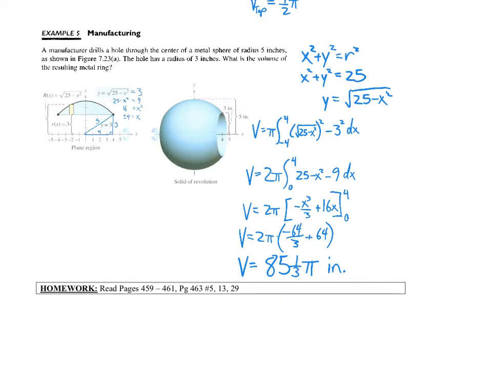Or if we were buying the balls pre-made, we know how much scrap we're going to get out of it, and then we can melt it down and make more.